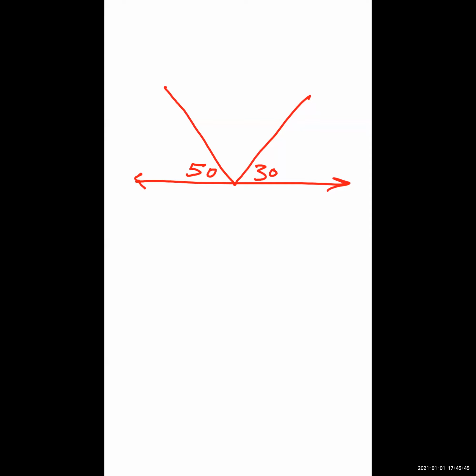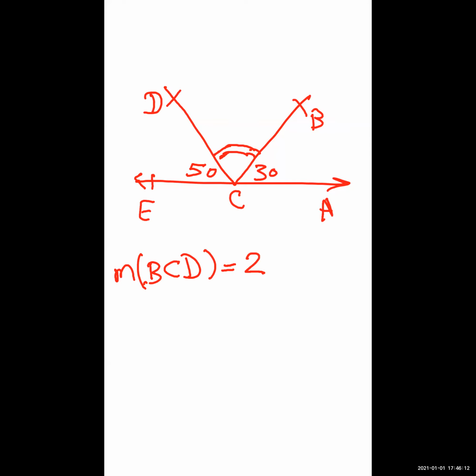And the measurement of this angle, I mean this one in the middle, I will give letters A, B, C, D, E. So the measurement of BCD equals twice the measurement of DCE.